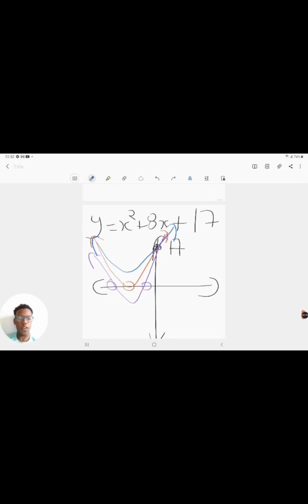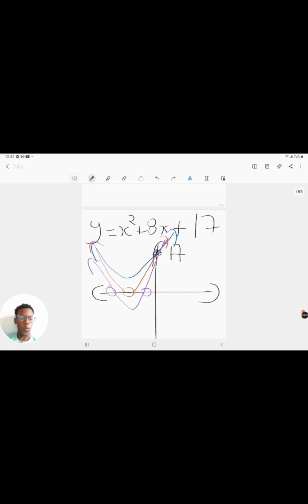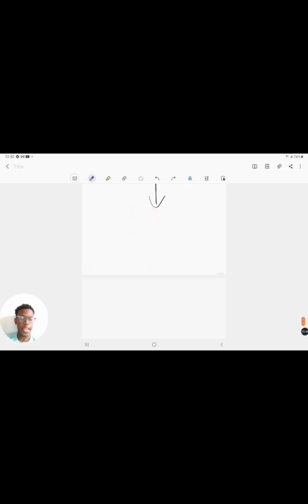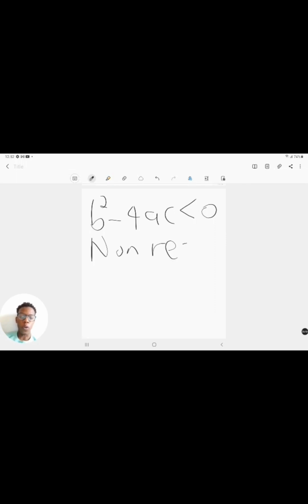How do we test if a graph has real roots or non-real roots? Well, it turns out that this expression, b squared minus 4ac, has to be less than 0 for your roots to be non-real.